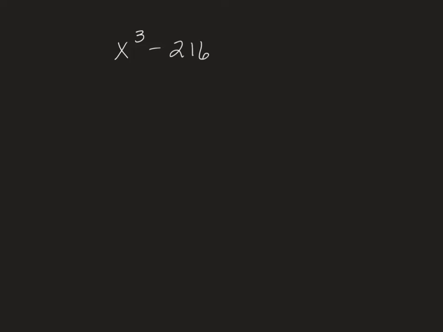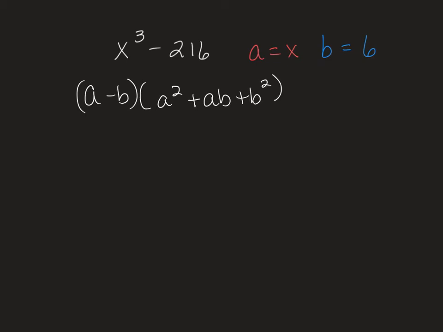So again, let's identify our letters. A would be x, and b would be 6. Okay. And then for this one, remember my pattern is a minus b, then a squared plus ab plus b squared. We're going to plug in those values. This is x minus 6.